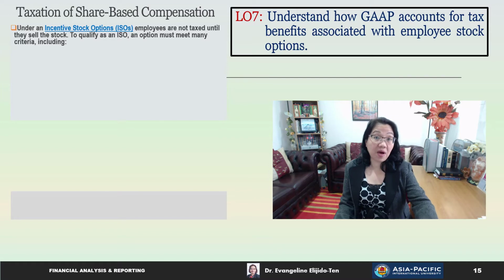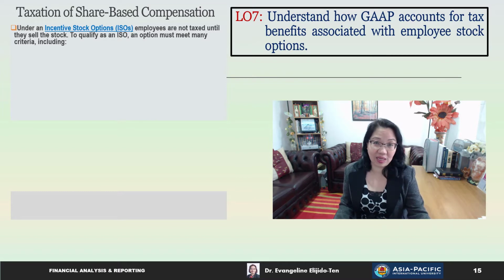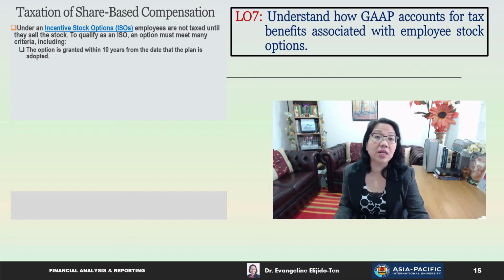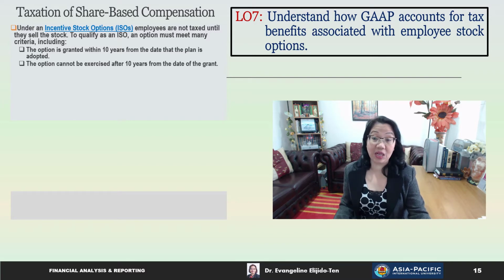To qualify for these incentive stock options, or ISO, an option must meet many criteria. First one is that the option is granted within 10 years from the date that the plan is adopted. Second, the option cannot be exercised after 10 years from the date of the grant.